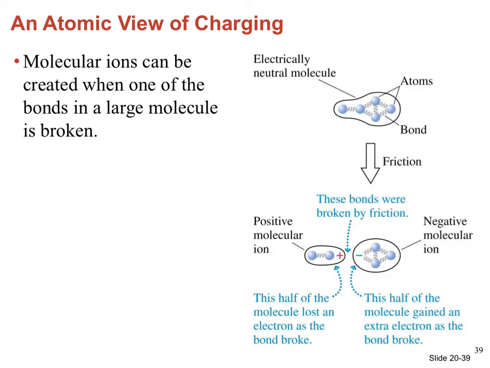If we look at what's going on at the molecular level, we can create these ions when we break these bonds and transfer some of those molecules. If we're charging by rubbing, it's charging by friction, and we break those bonds, and we can strip atoms of their negative charge.